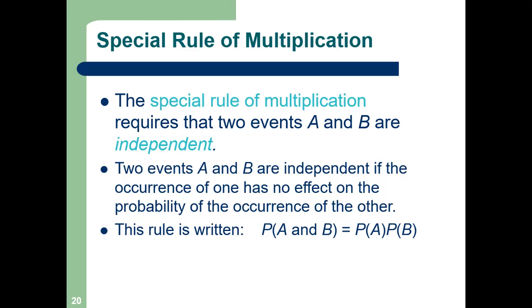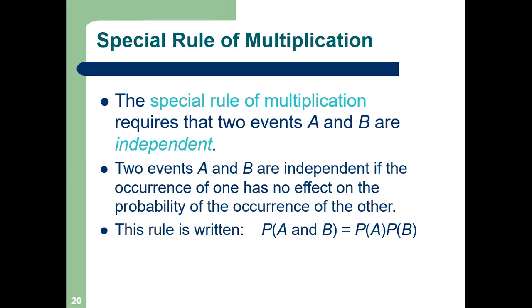For this, we need independent events. The events could happen at different times, or there could be more than one event that are independent. For example, we are tossing two coins.